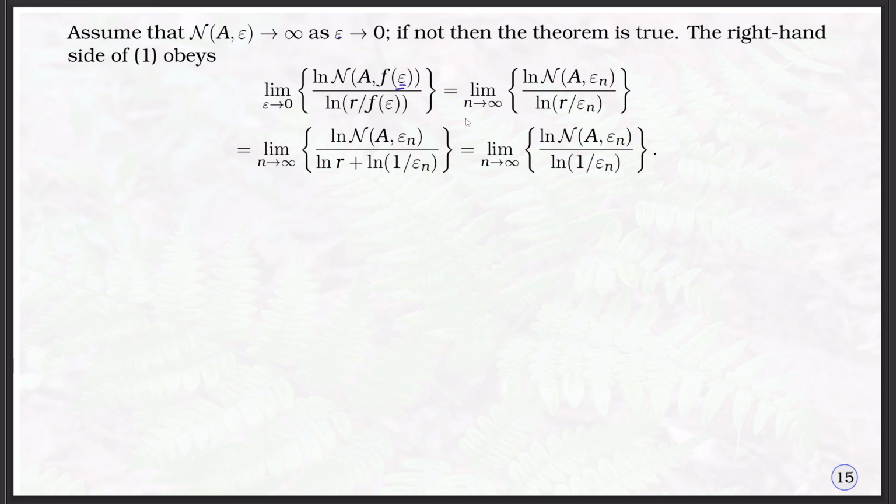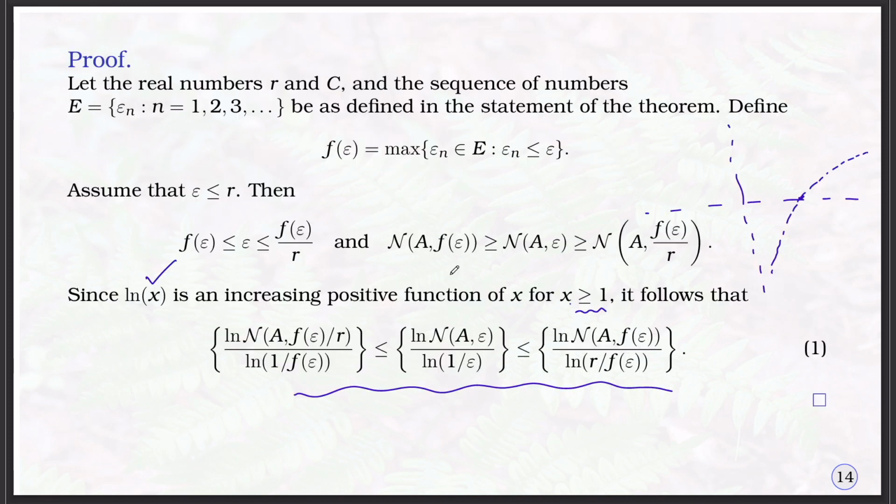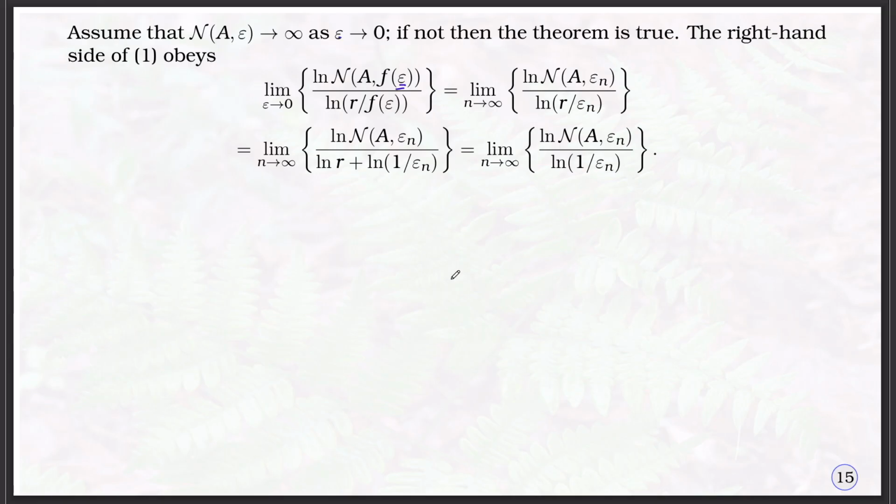Here I am taking instead of f(epsilon), because f(epsilon) we are defining as this sequence maximum, you can replace f(epsilon) by epsilon_n, and here also epsilon_n. Then equivalently this term can be written as ln of r over f(epsilon).